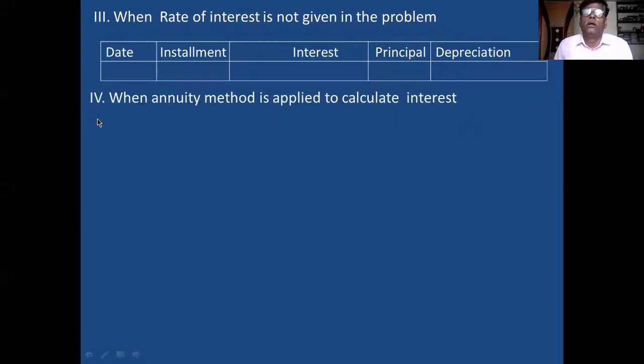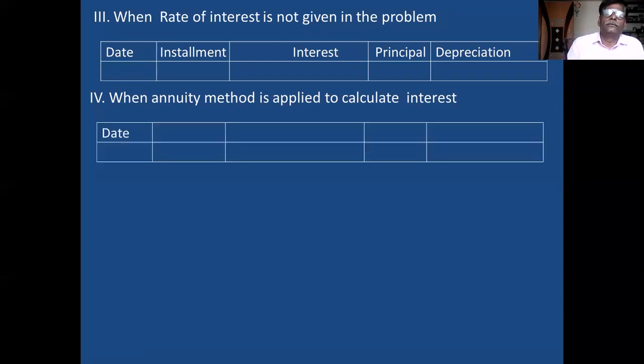And fourth is when any method is applied to calculate interest. If they ask to calculate interest under any method, how to calculate interest? We calculate interest based on any method.